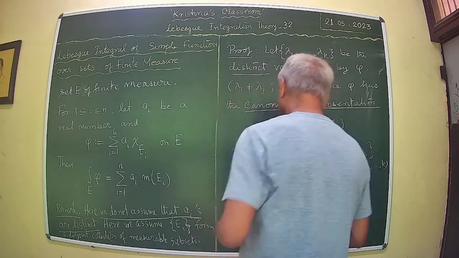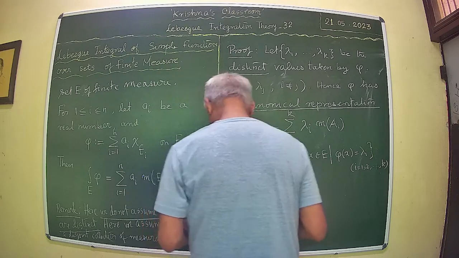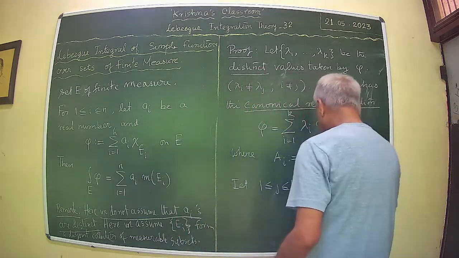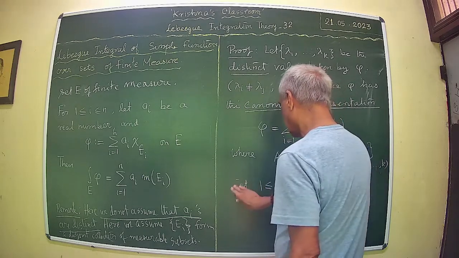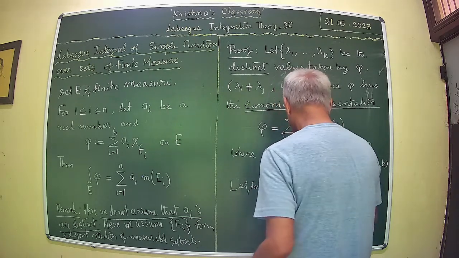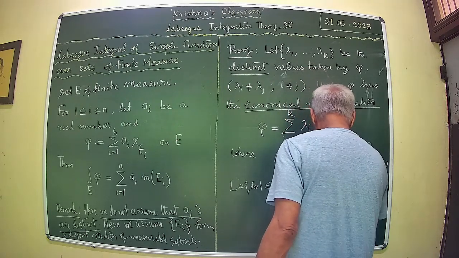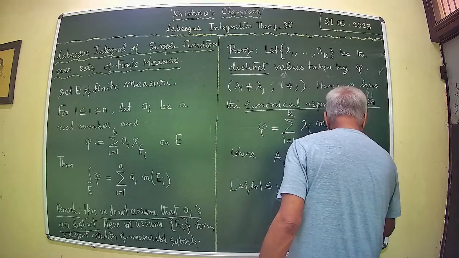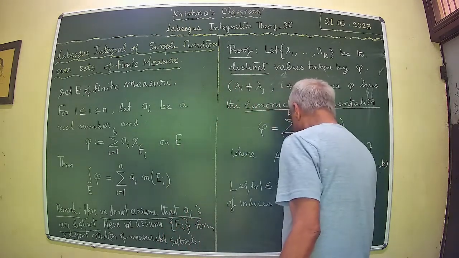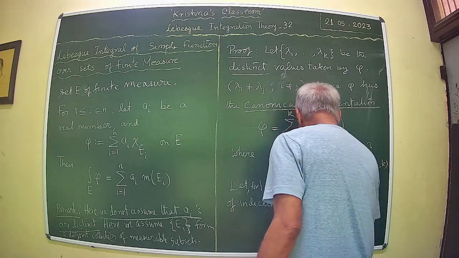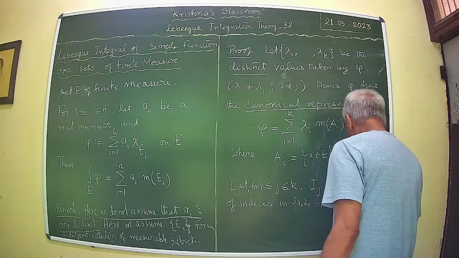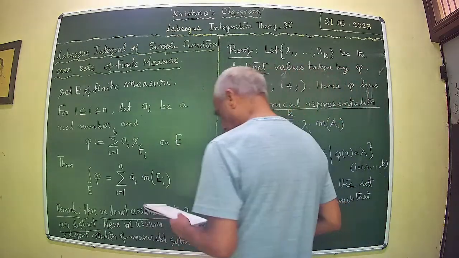So let us also let, for 1 less than or equal to j less than or equal to k, I_j be the set of i such that a_i is equal to lambda_j.